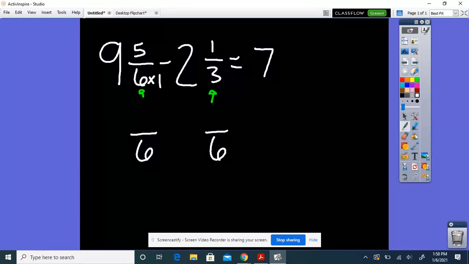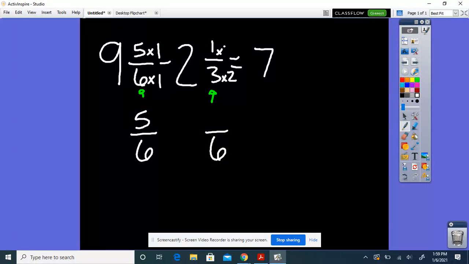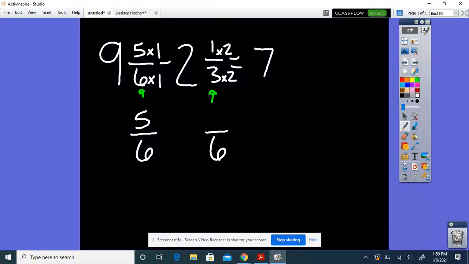It would just be 1. So I do the same to my numerator, and that keeps it as 5/6. For our 1/3, what do I need to multiply by 3 to get 6? 3 times 2 equals 6. So 1 times 2 gives me 2. Now I need to subtract these. 5/6 minus 2/6 gives me 3/6.